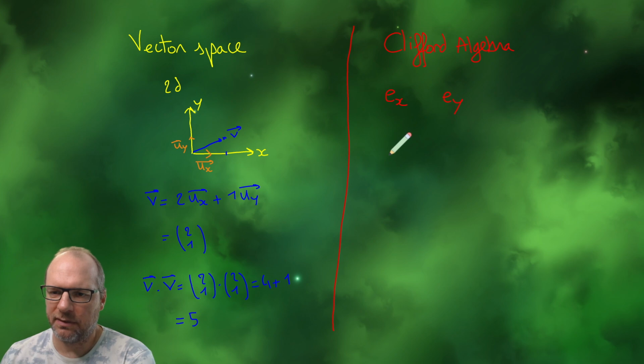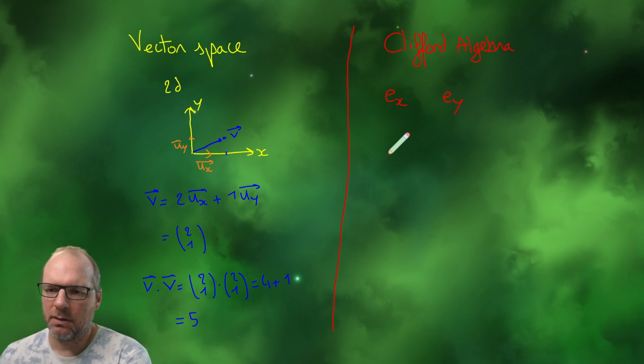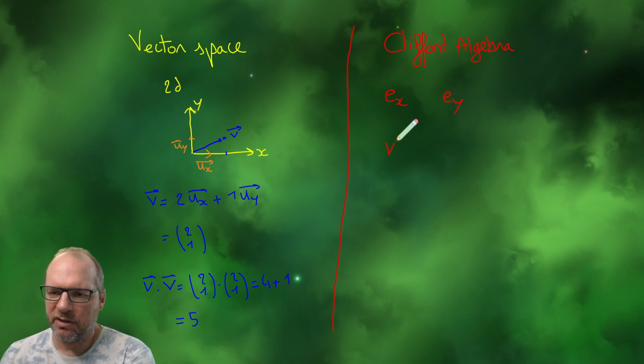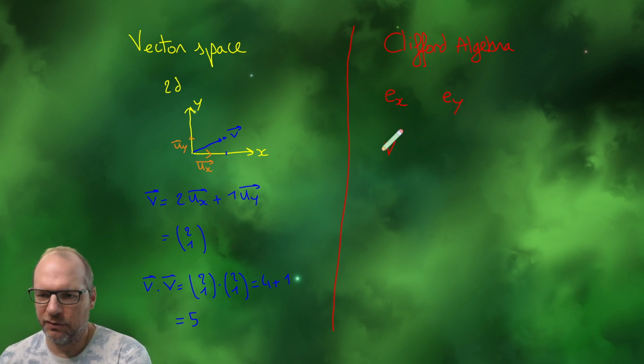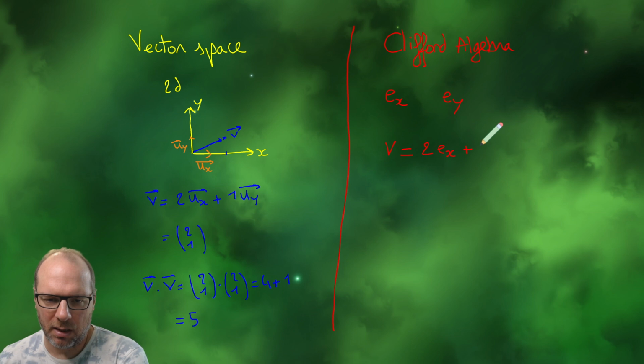And we have to explain how to multiply these new symbols. If you want to associate to the vector v the new number v, it is easy: it will be just 2 times the number e sub x plus 1 e sub y.